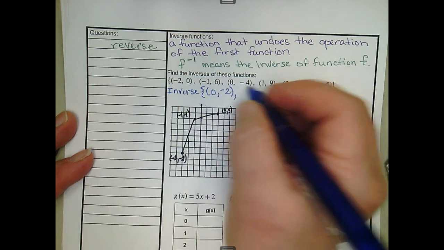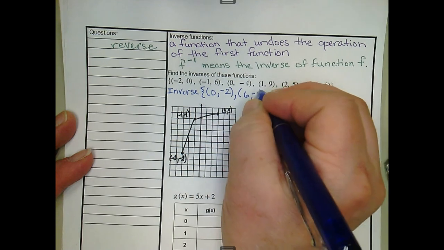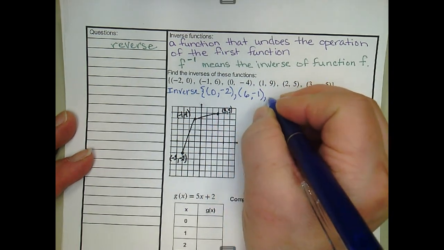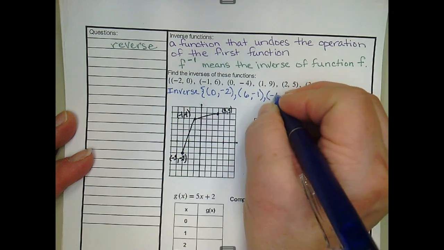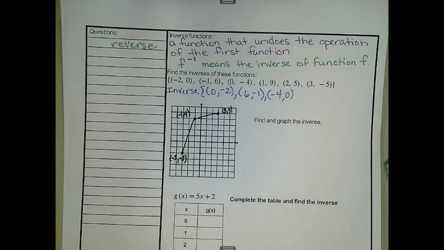Negative 1, 6 becomes 6, negative 1. 0, negative 4 becomes negative 4, 0. Can you do the other three on your own? Pause the video and see if you can write them out quickly.